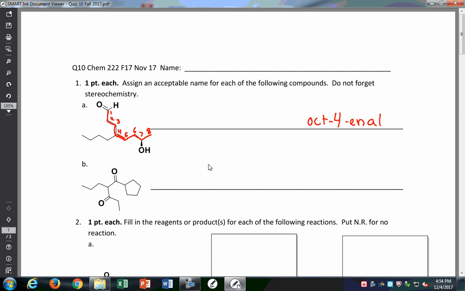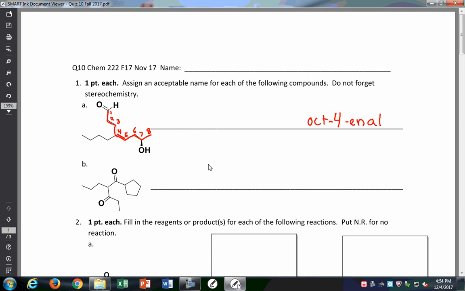If it's a ketone, it can be in the middle, so you do need to specify the locant. But the aldehyde and the carboxylic acid, they're always at the end. They never can be in the middle, so therefore they're always the lowest numbering system. So it's just not necessary. You don't have to put it, it's not common.